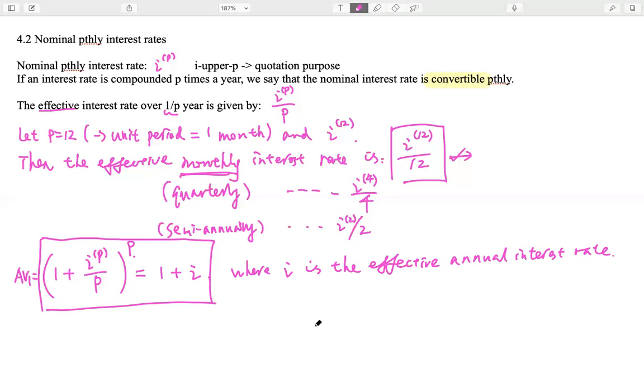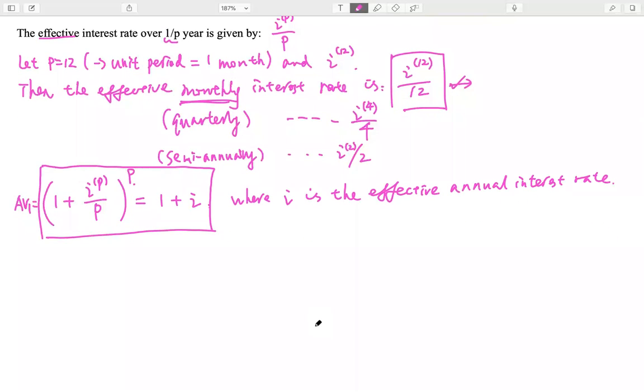This formula tells us once we know one side, we know the other. If you know I, you should know how to calculate I upper P. If you know the nominal interest rate I upper P, you should be able to apply this equality to calculate I. So it's two-way traffic.